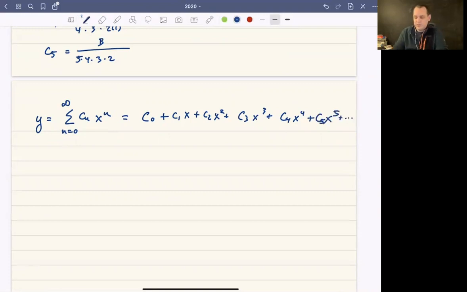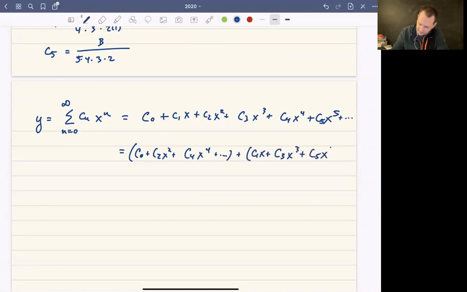Now what we're going to do is, since we're inside the interval of convergence and everything converges, I'm going to separate the even and the odd terms. So this is going to be C0 plus C2x squared plus C4x to the fourth, and so on, plus the odd terms C1x plus C3x cubed plus C5x to the 5, and so on.